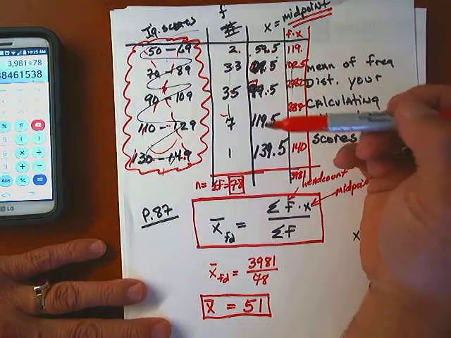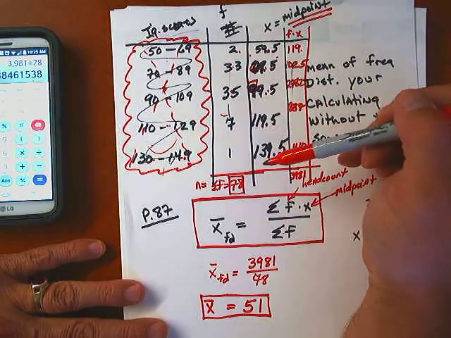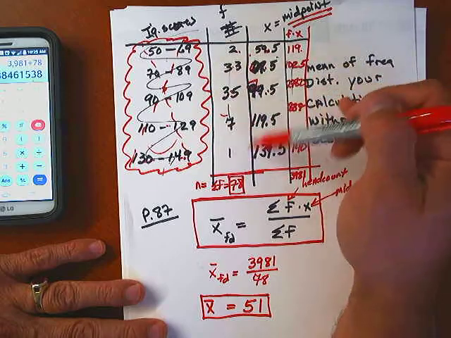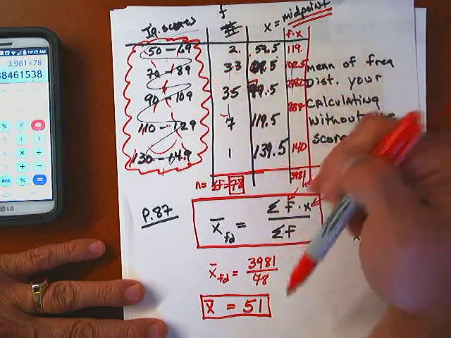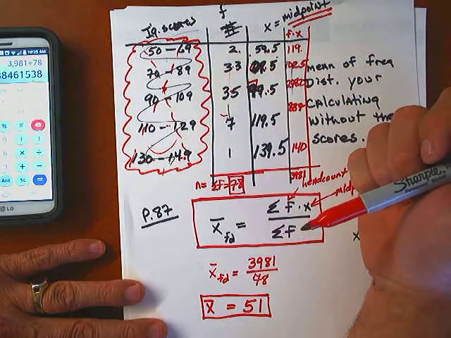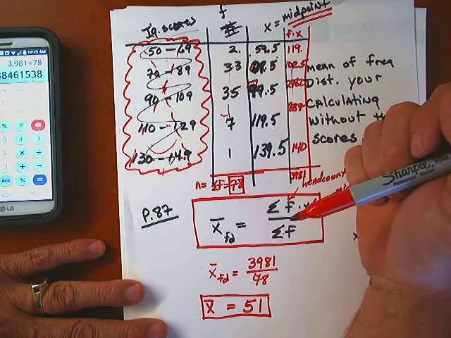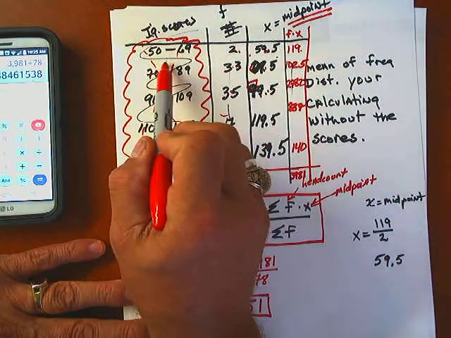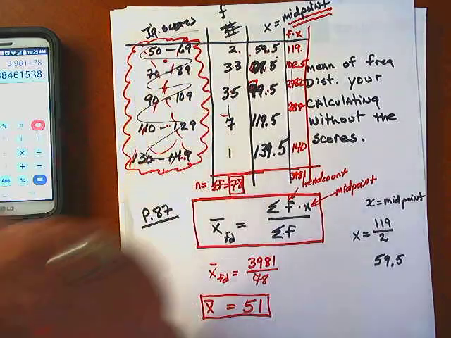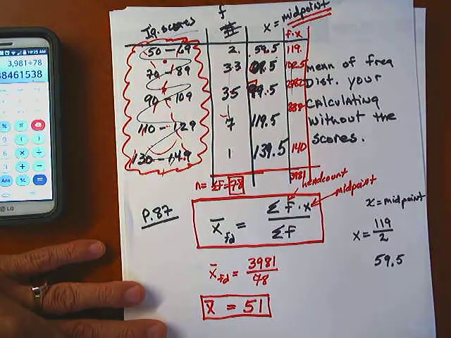So x bar for a frequency distribution is equal to 3981 divided by, and the summation of f would be 78, divided by 78, and that comes out to be 51.04 or 51.